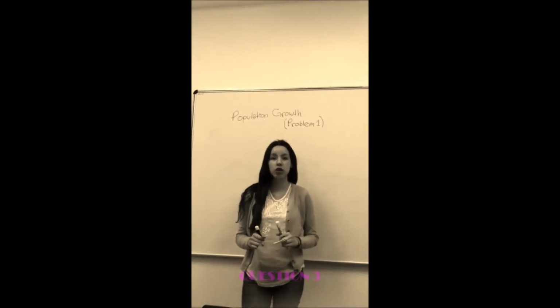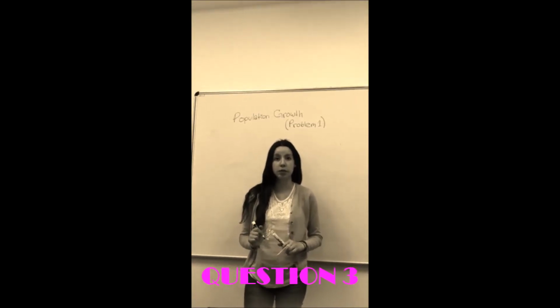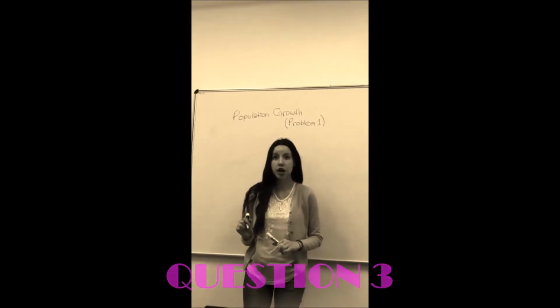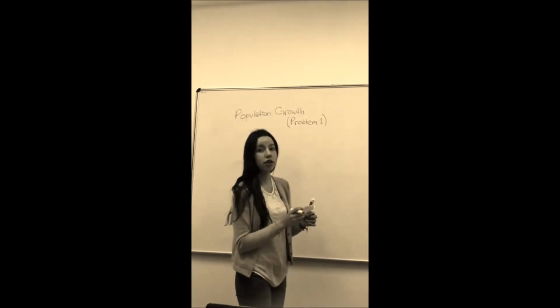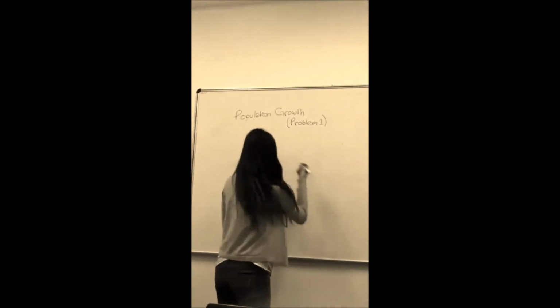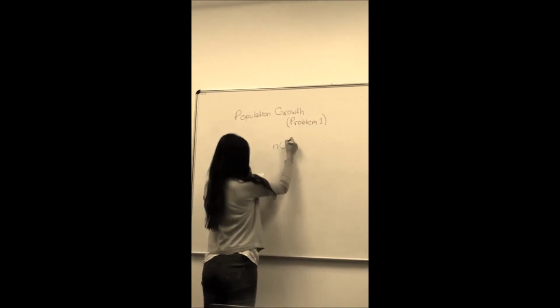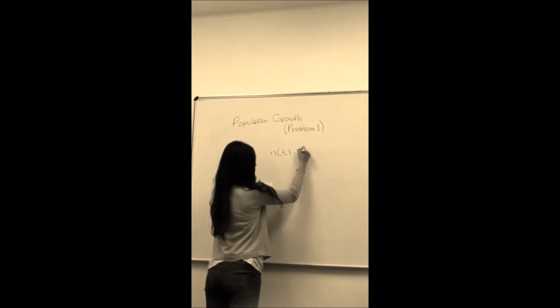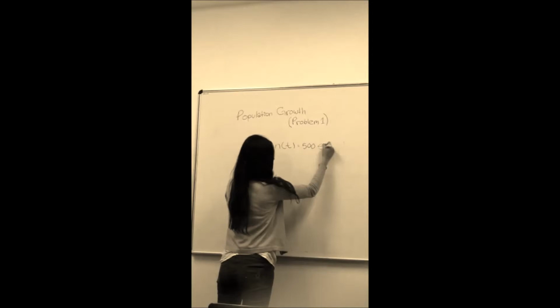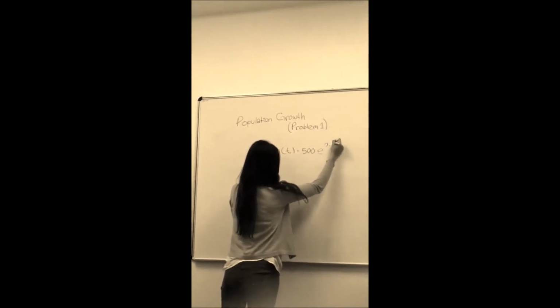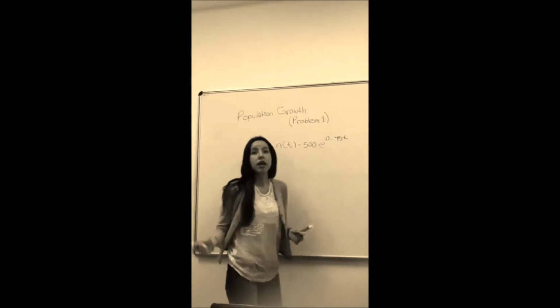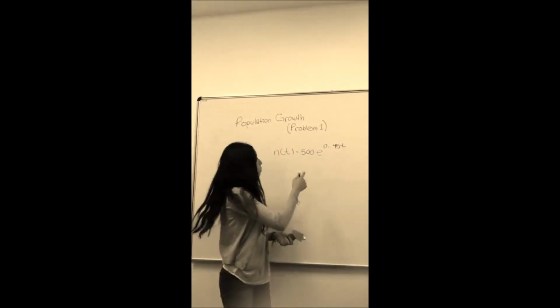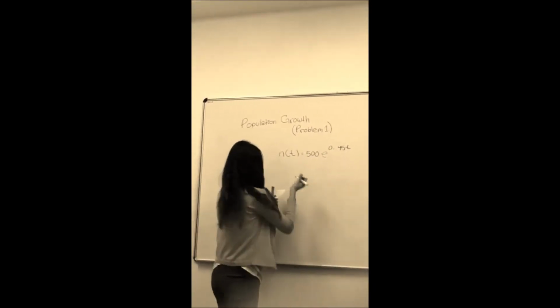Hi, I am going to solve question B. How many bacteria are in the culture after 3 hours? Here we have the equation N(t) equals 500 e raised to the power 0.45t. 0.45 multiplies by 3.